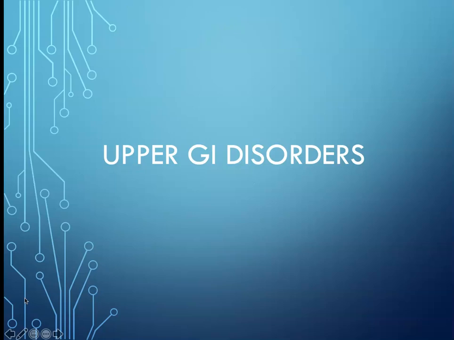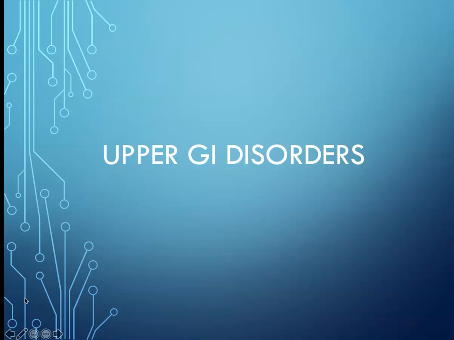And so before we delve into the GI disorders, let's just do a quick introduction of the GI system. As you know, the intestinal system is composed of small and large intestines, and enzymes are secreted throughout the small intestines to aid in the breakdown of food into absorbable nutrients.